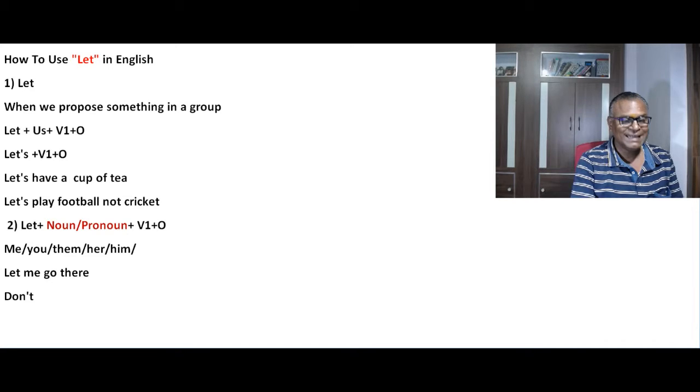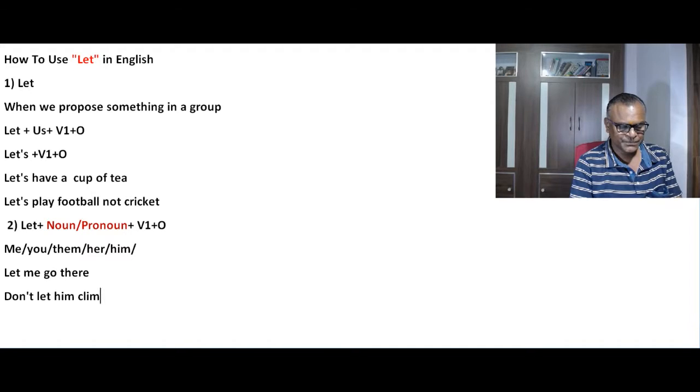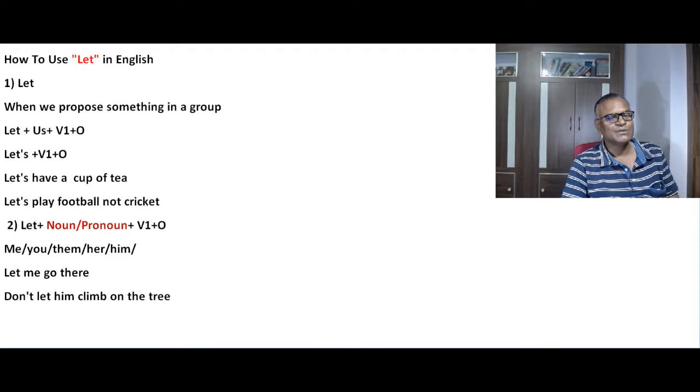And it may be in negative, like don't let him climb on the tree. Don't let him climb on the tree.